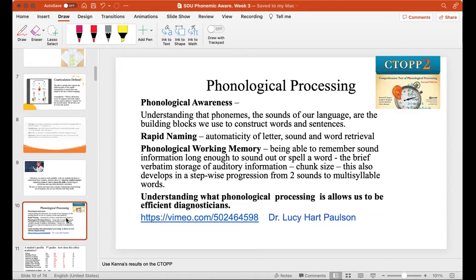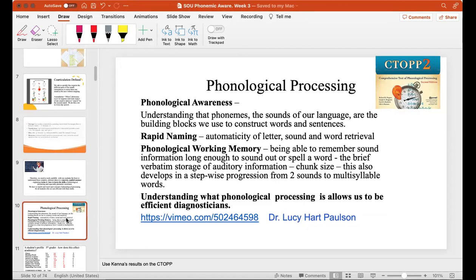And it's made up of three important parts. Phonological awareness is understanding that the sounds of our language are building blocks that we use to construct words and sentences. Rapid naming is being able to take that sound information and retrieve it really quickly.